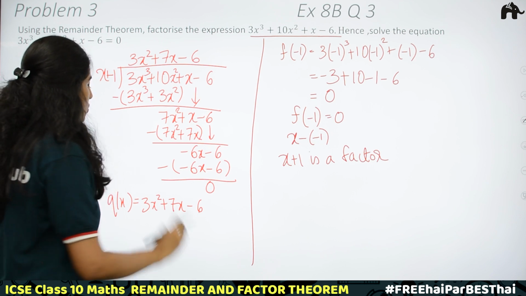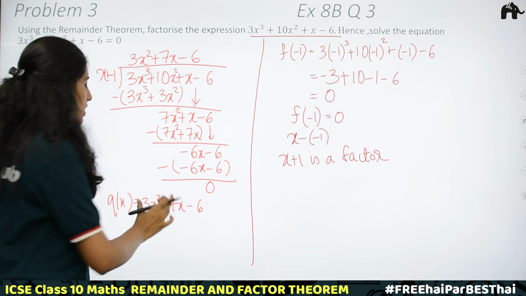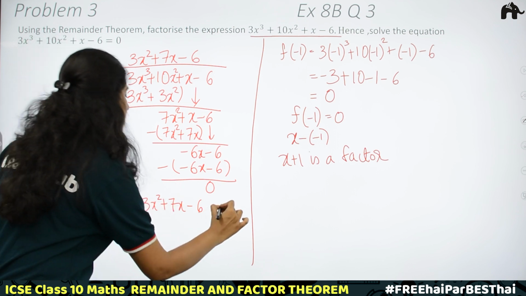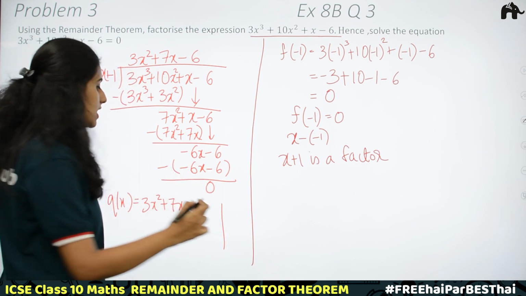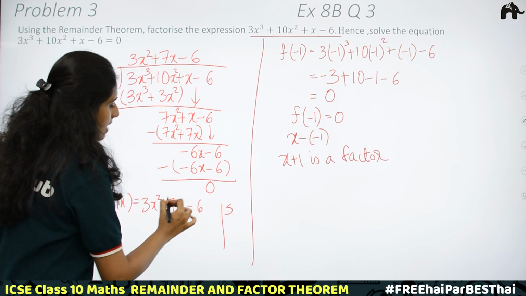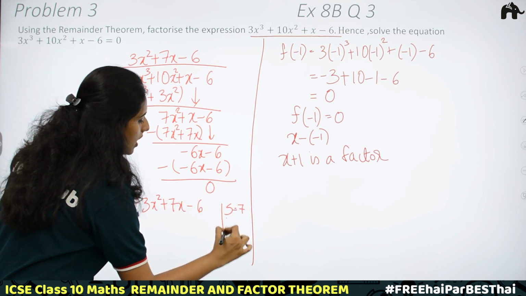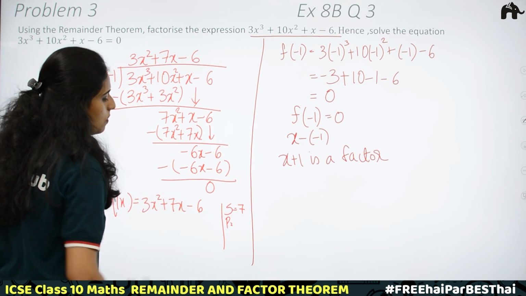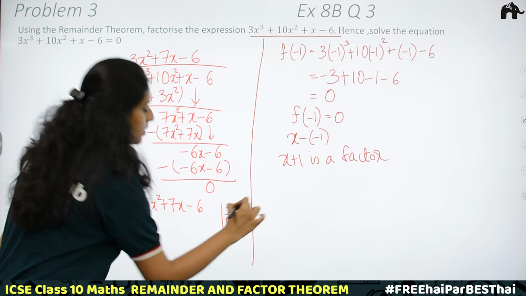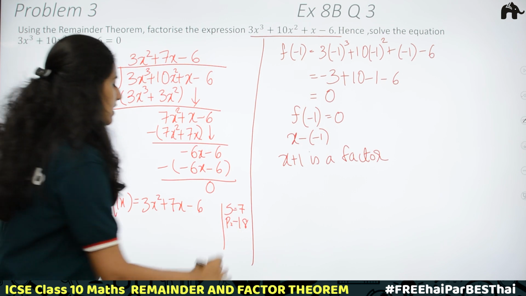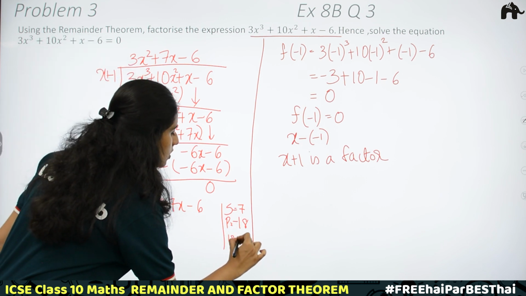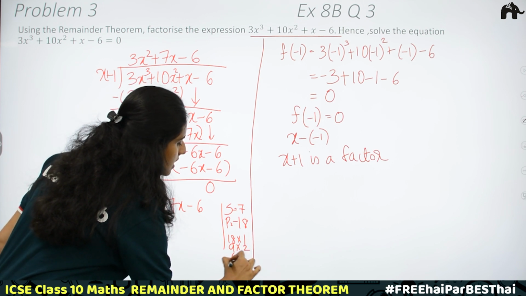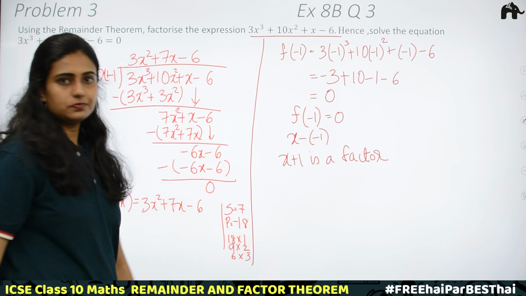Okay. Now, to find the other two factors, we need to factorize this. We can use the splitting middle term method. Here, we have to choose two numbers such that the sum is 7 and product is equal to C into A, that is 3 into minus 6, minus 18. Okay. To get 18, we can have 18 into 1, 9 into 2 or 6 into 3.